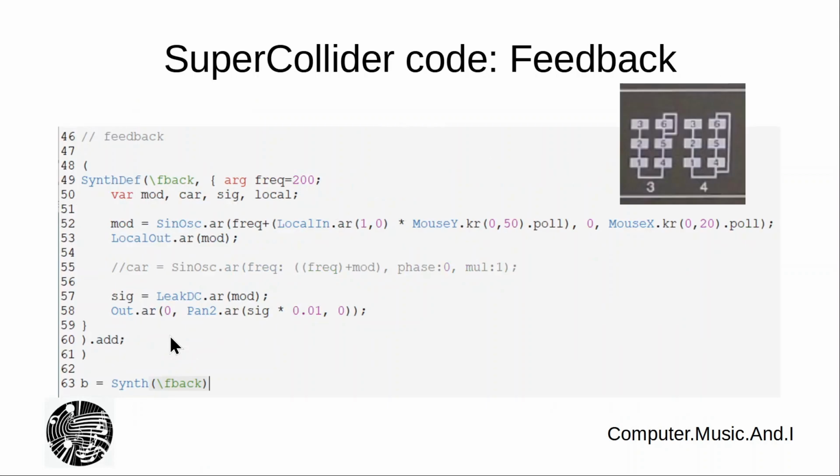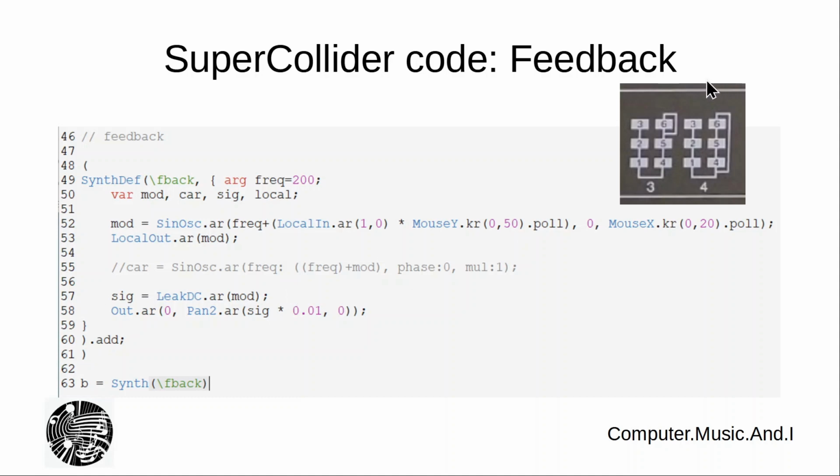Now the problem is, in order to implement this in SuperCollider, we can't just enter it directly. So we can't say SinOsc.ar frequency plus mod, so we are just having a reference to ourselves. This doesn't work out, and you get syntax errors then.